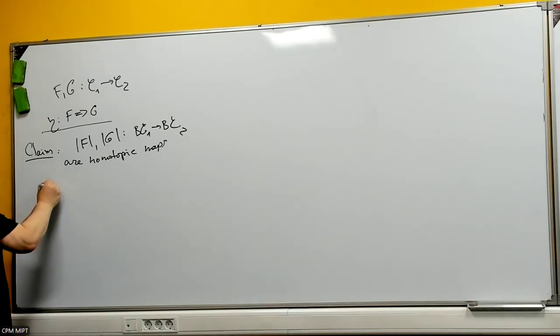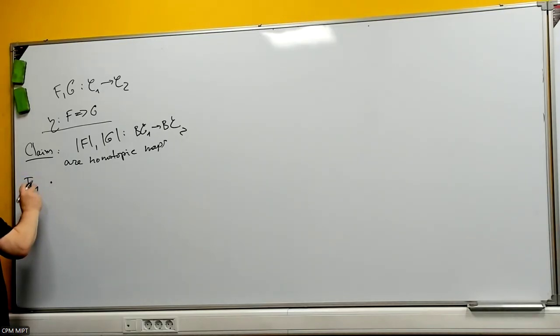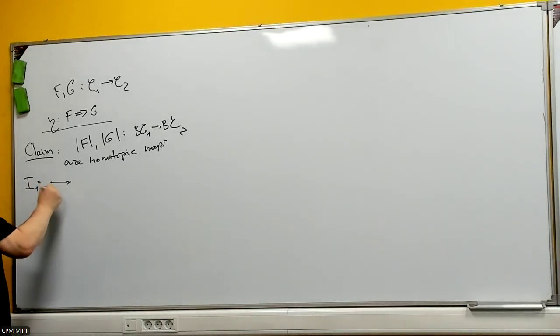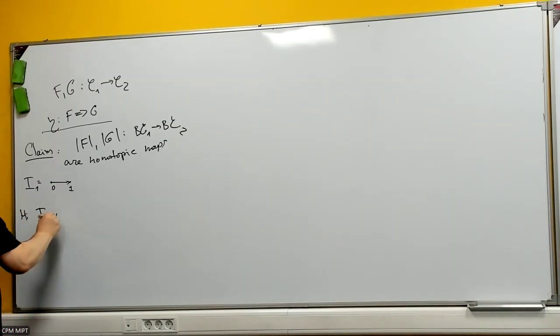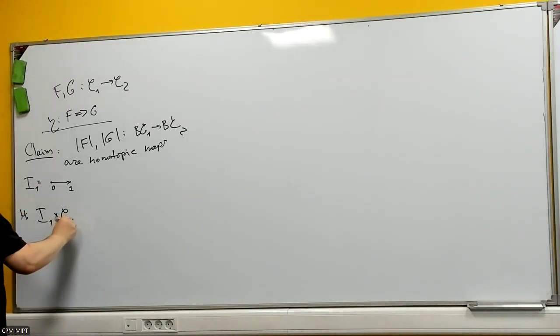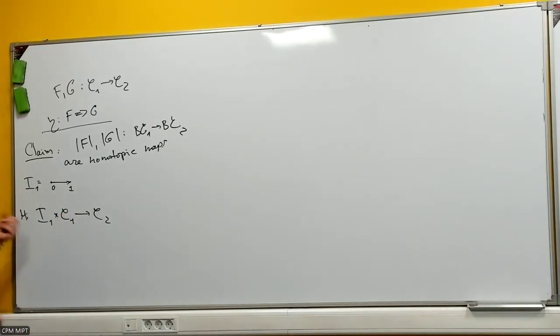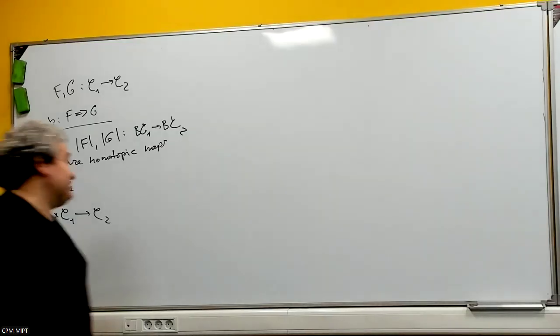So let me call I1 the following category. It has two objects called 0 and 1 and a single morphism. Then to have such data is the same as a functor, say H, from I1 times C1 to C2. I guess it should be clear, because restriction to 0 and restriction to 1 gives me two functors, and somehow this morphism gives me a natural transformation.